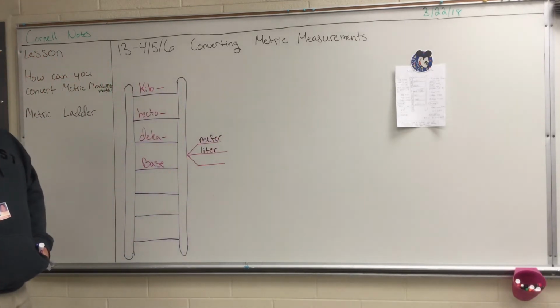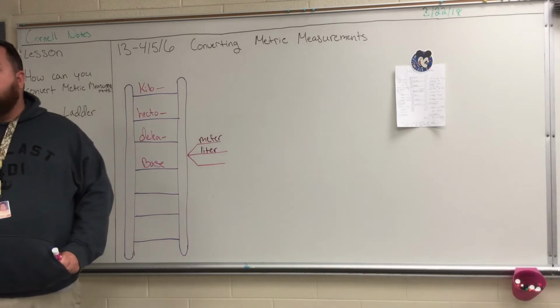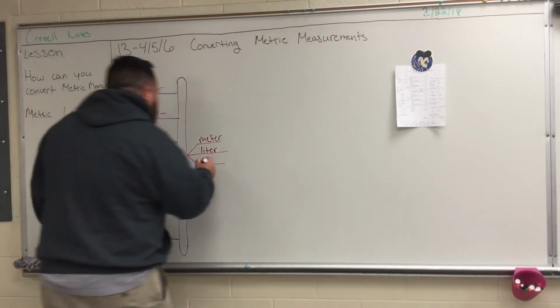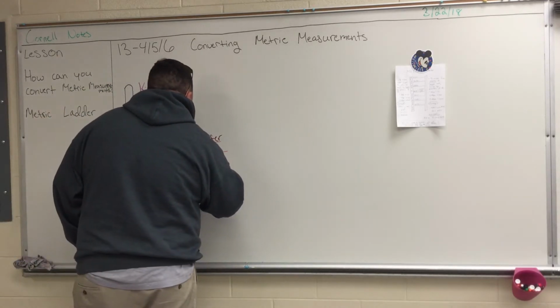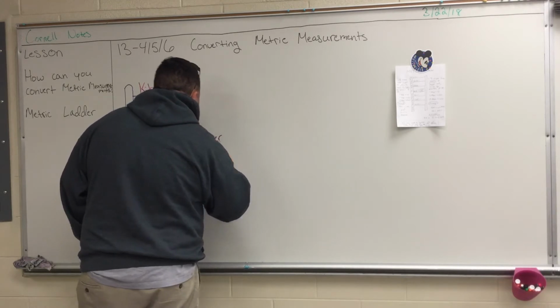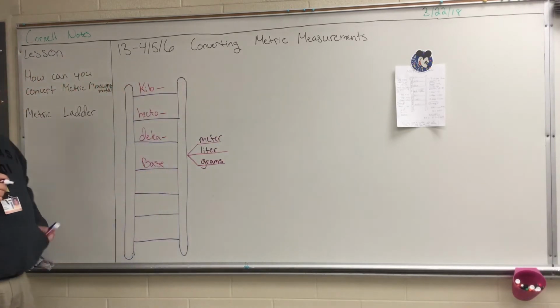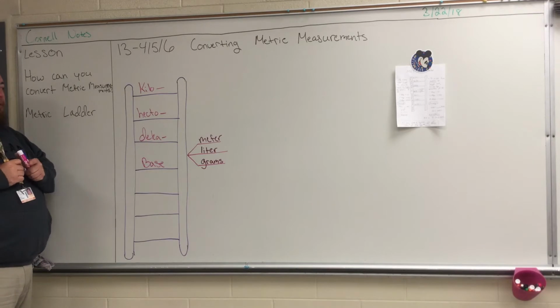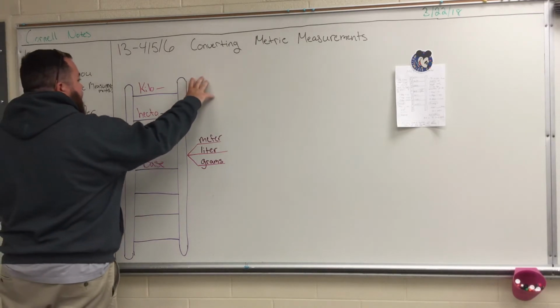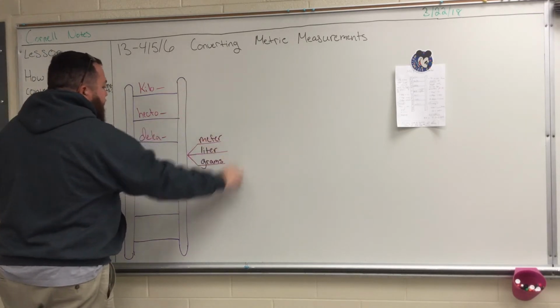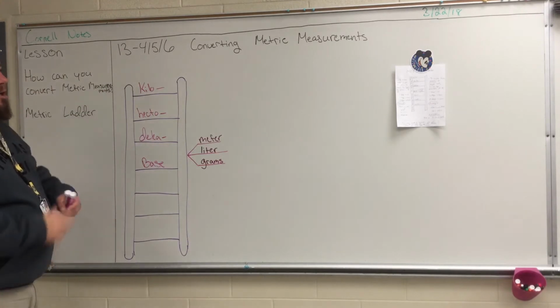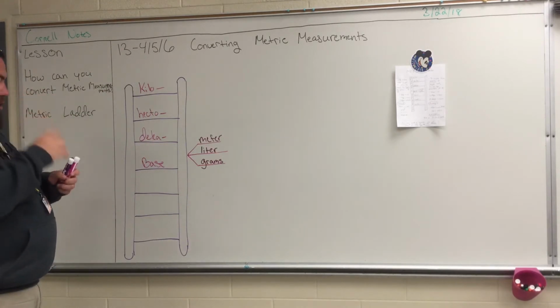And then for mass, we have grams. Okay? So now we have what's greater than our base, and we know what our three bases could be. Then we've got to do what's smaller than our base unit.